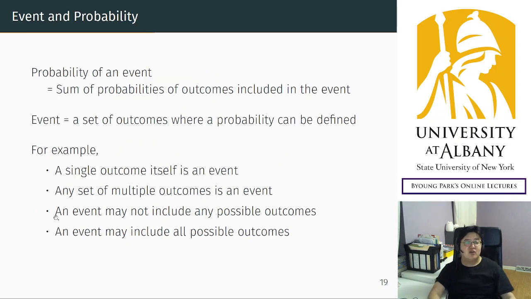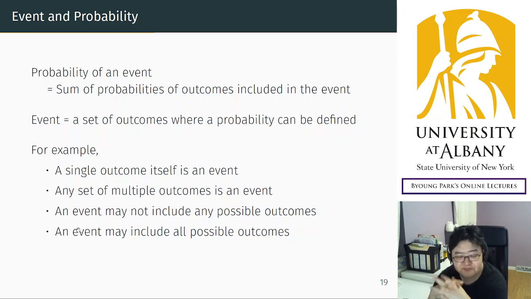You may also think about an event that does not include any possible outcome, the empty set. In this case, the probability is obviously 0%. Also, you may think about an event that includes every possible outcome, the universe. The probability of this event will be 100% by construction.